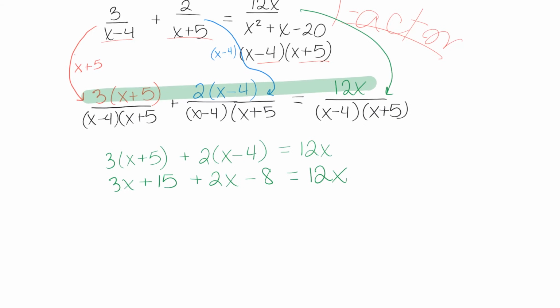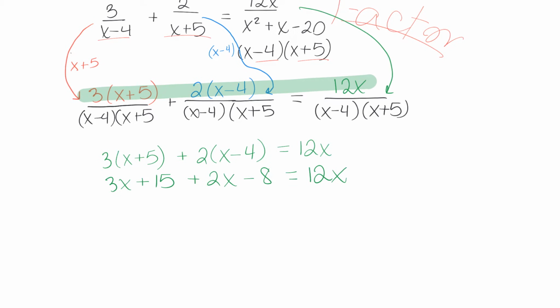Collect like terms. We have a 3x, a 2x, and a 12x. Those all need to get together. So 3x plus 2x is 5x. So I'm going to go ahead and subtract 5x from both sides.